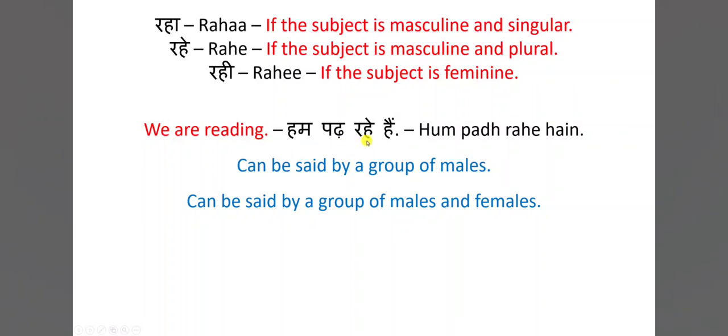We have selected rahe for ing because we are assuming that a group of males or a group of mixed gender will be saying this sentence. Okay? For masculine and plural and also for mixed genders, we use rahe.